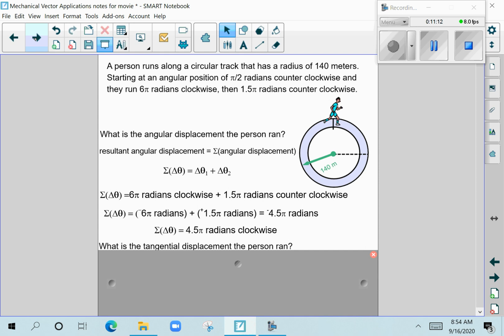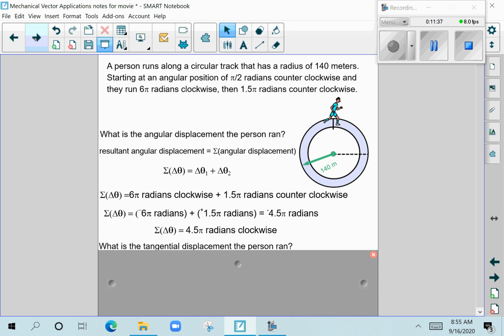So if I go negative 6 pi, then positive 1.5 pi, that adds up to negative 4.5 pi radians. So the magnitude of my displacement is 4.5 pi radians. Since it's negative, the direction is clockwise. So my displacement is 4.5 pi radians clockwise.